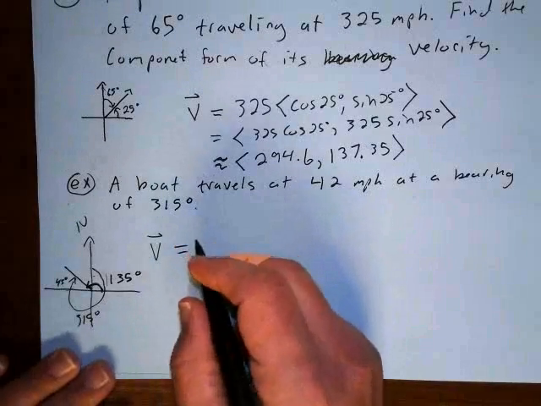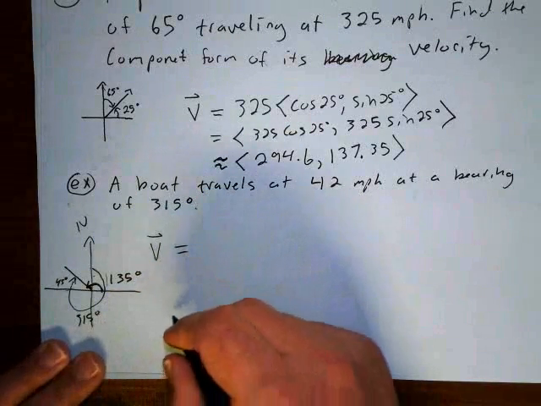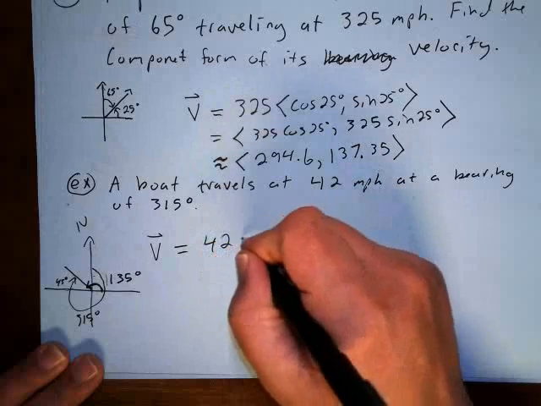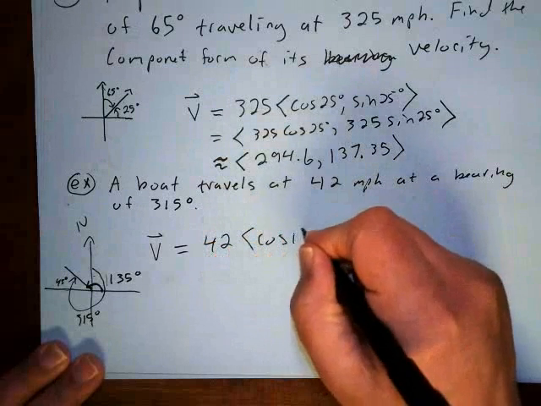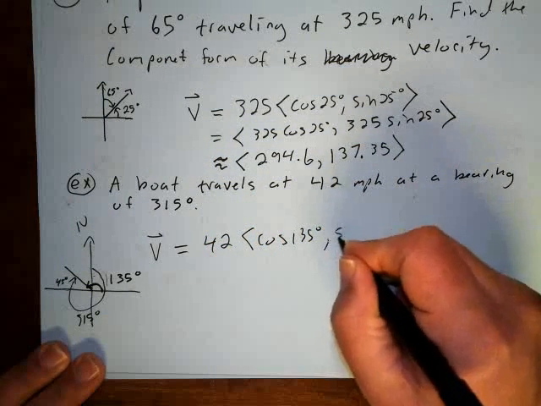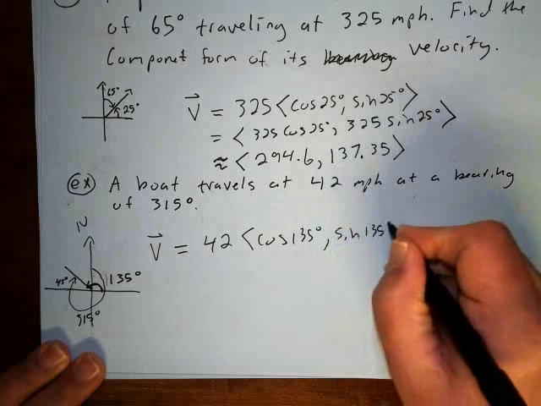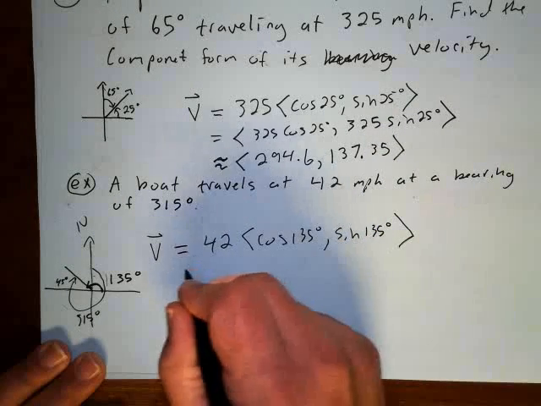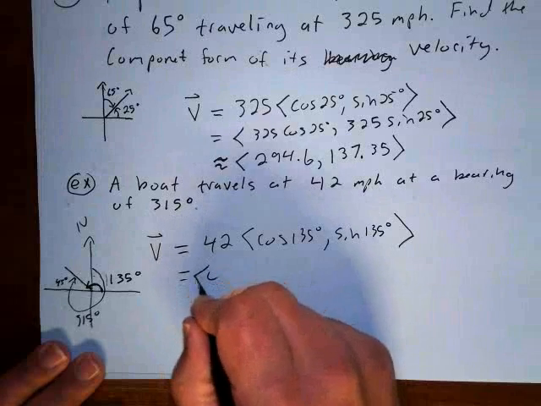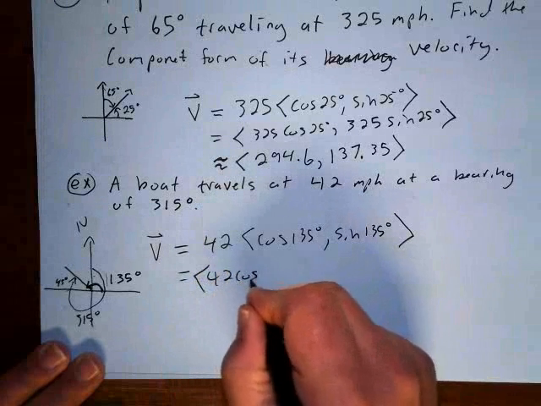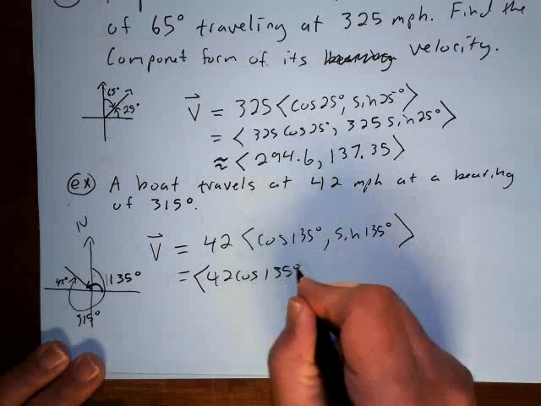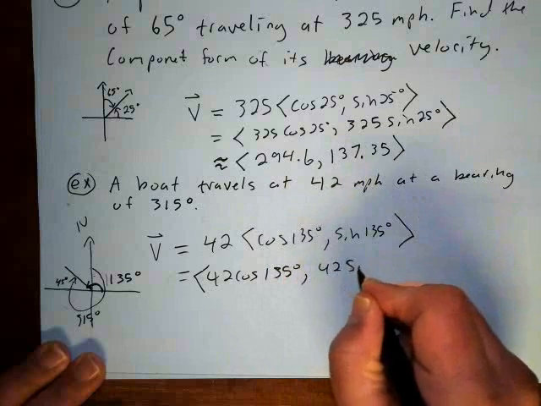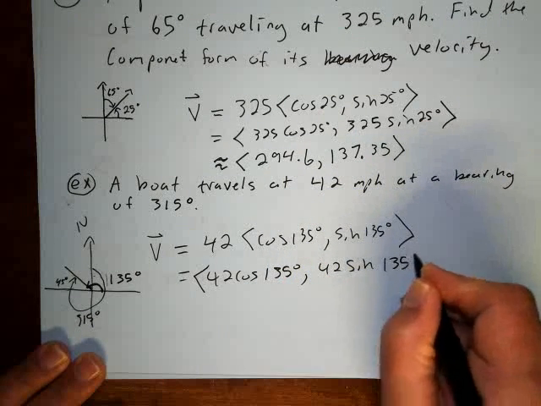So it'd be 135. I'm going to take 42 times the vector cosine of 135 degrees, sine of 135 degrees. This would be 42 times cosine of 135 degrees, 42 times the sine of 135 degrees.